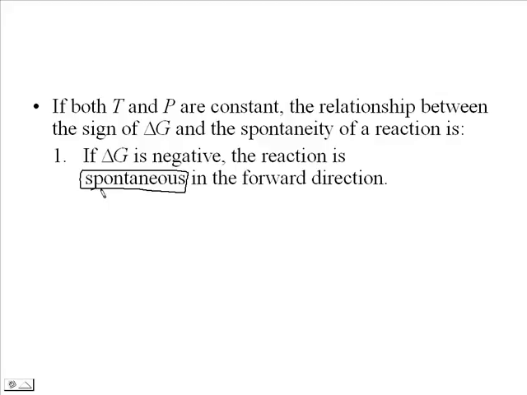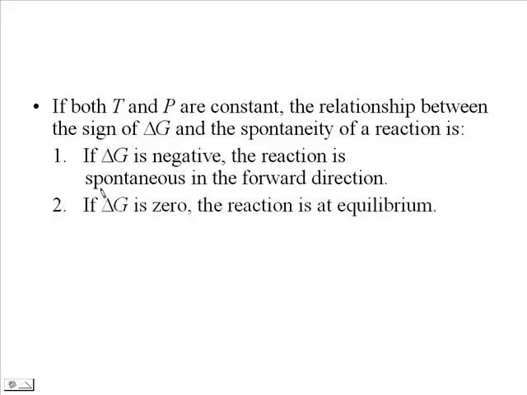So we don't have to try to predict whether it's exothermic but also becoming less random. You simply put the numbers into the equation, use the temperature that's given to you, and solve for delta G. If delta G is negative, the reaction is spontaneous. If delta G is exactly 0, then the reaction is at equilibrium, and it's spontaneous in both directions.